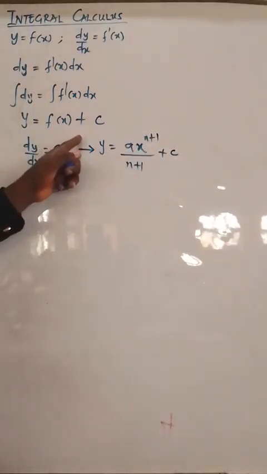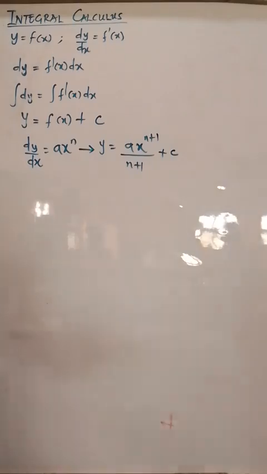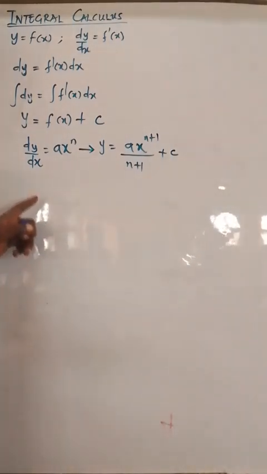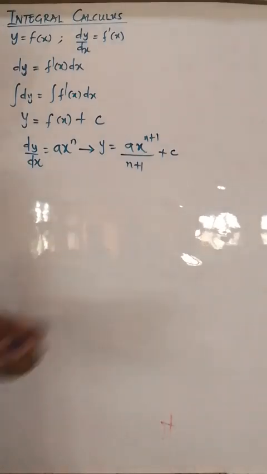Meaning we add 1 to the power, then we divide by the new power. So that's how to go from differentiation to integration, or that's how to go from gradient to the function. And we did some application. So we did application of rate of change.